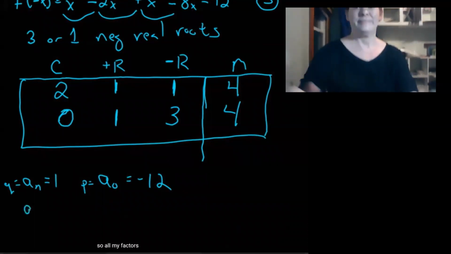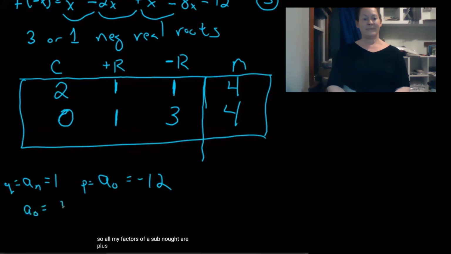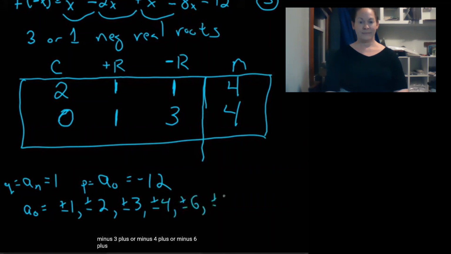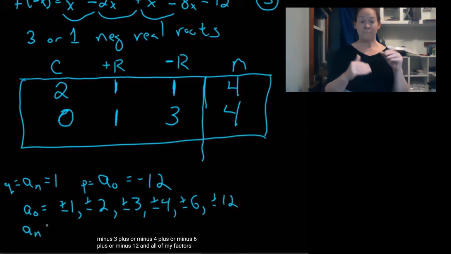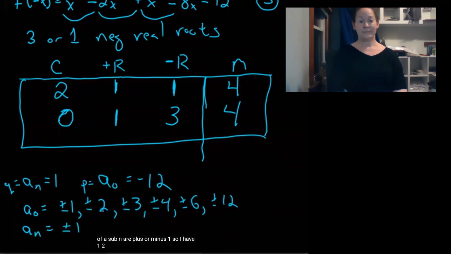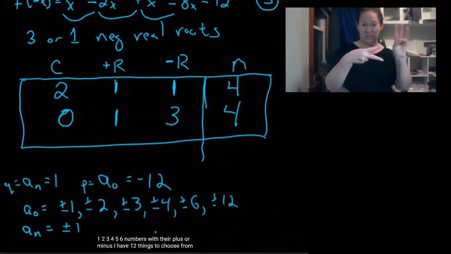So all my factors of a sub naught are plus or minus 1, plus or minus 2, plus or minus 3, plus or minus 4, plus or minus 6, plus or minus 12. And all of my factors of a sub n are plus or minus 1. So I have 1, 2, 3, 4, 5, 6 numbers. With their plus or minus, I have 12 things to choose from.